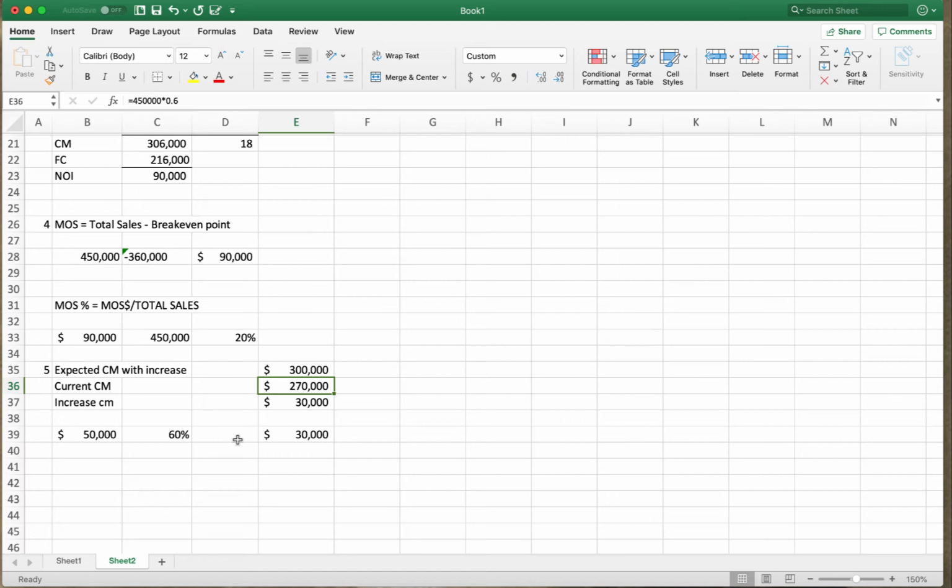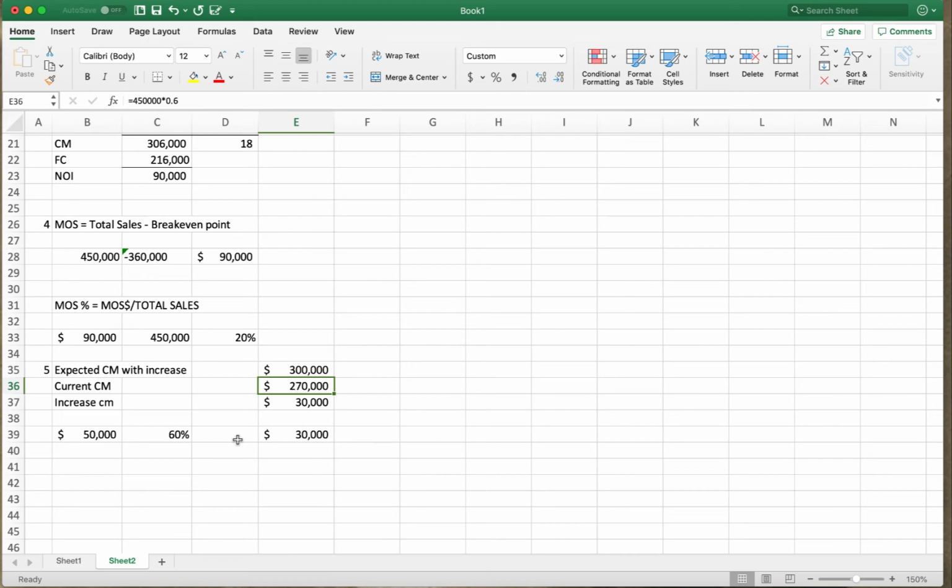Operating leverage. I apologize. I thought it was in this problem. It was not. Basically, all it is, it tells us, hey, how sensitive is our bottom line, meaning our net operating income, to a percentage change in sales dollars? Okay, so basically, what we do is we figure out what our degree of operating leverage is, and we multiply that by a percentage change that they give us, right?